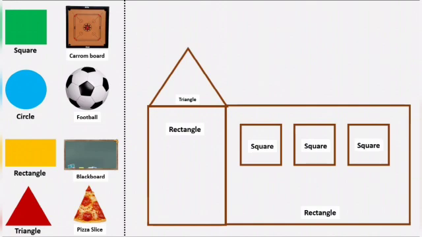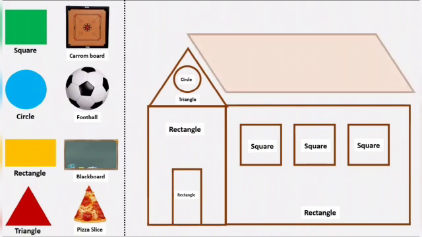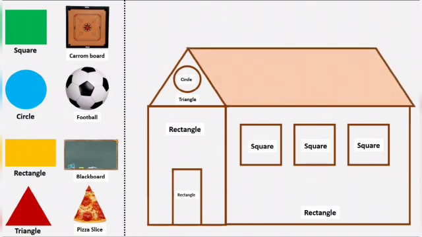Here comes some more shapes to complete it. Okay, a rectangular door. A small decorative chimney. And here comes a roof to complete this figure. It's a beautiful house.